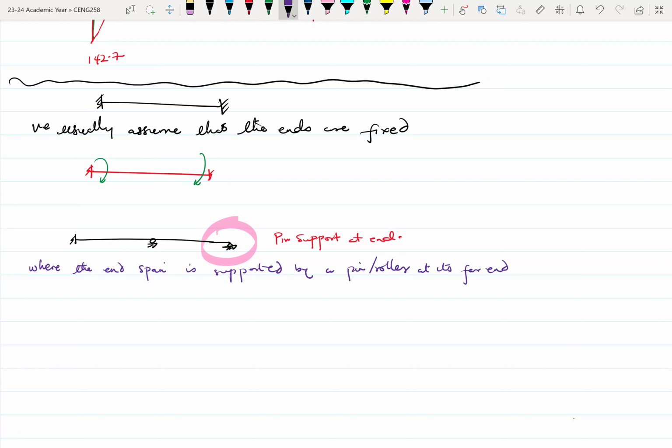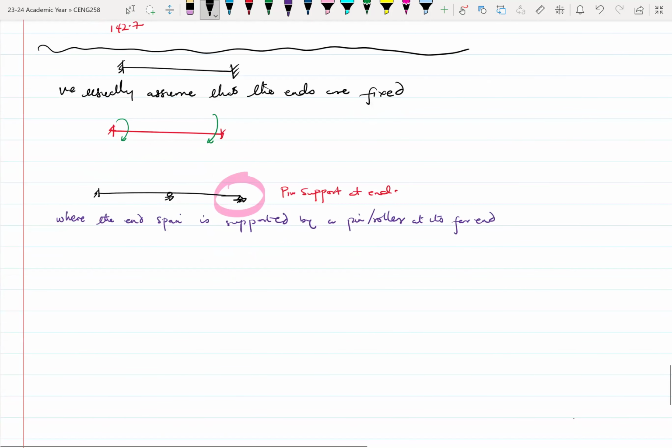We can rewrite the equation to take advantage of that, all right? So let's take, for example, the structure here. Okay, so we have to find these moments.